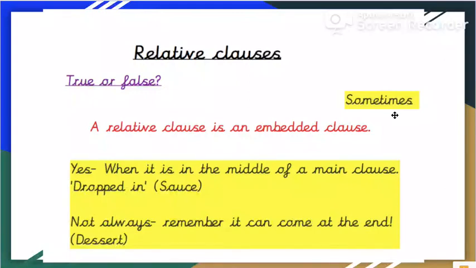So sometimes it's embedded, so it's the starter in the middle of my main course, and sometimes it's at the end, so it's the dessert. So when it's in the middle of a main clause and it's been dropped in, it's been embedded in, then it's an embedded clause, but it's not always. A relative clause can come at the end.